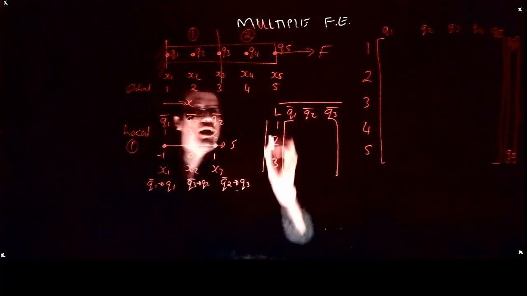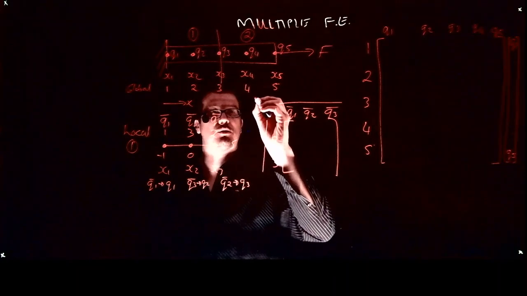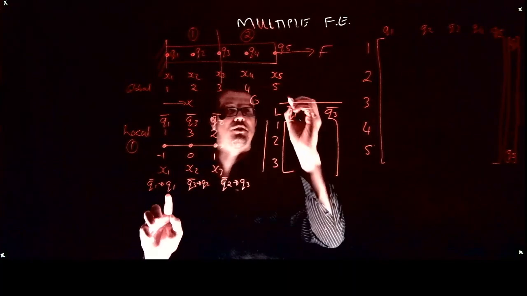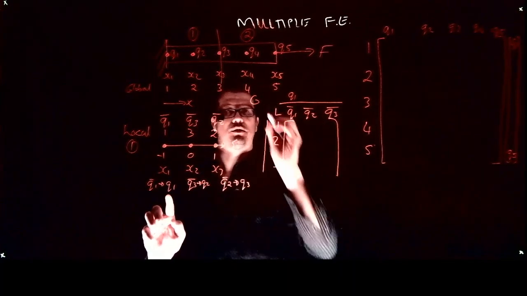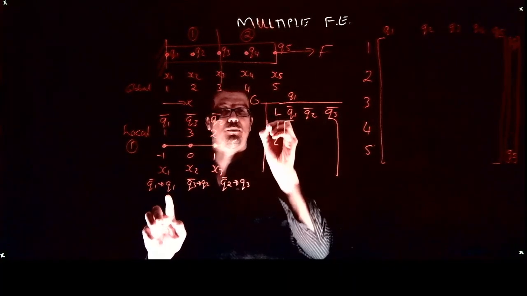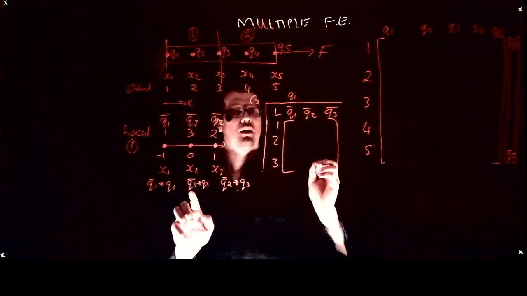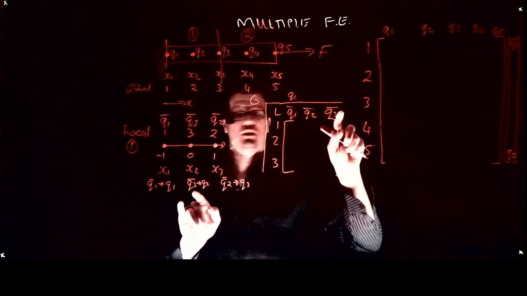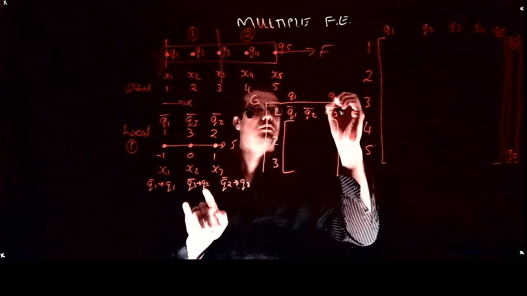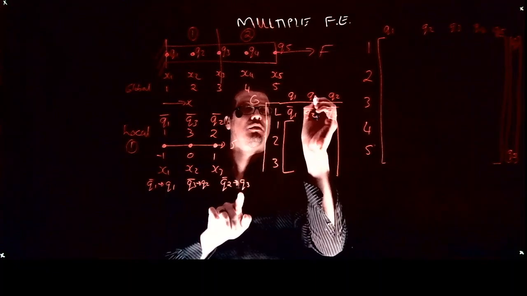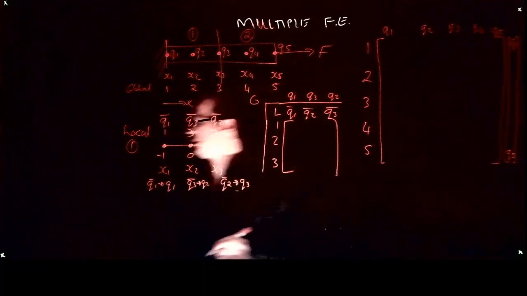And globally there's also an associated global node number and variables. So globally this is associated with Q1. This is what the G refers to, that we also look at where the stiffness matrix fits in the global system. Q3 bar is associated with Q2, Q2 bar is associated with Q3. Can you see that?